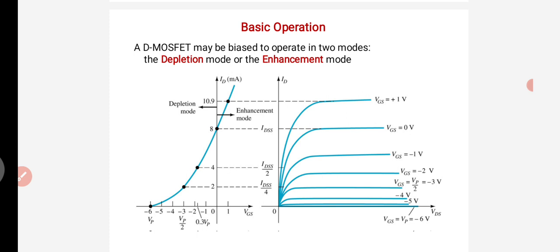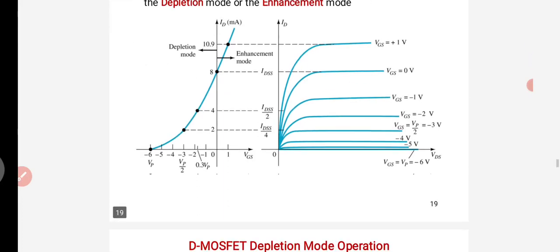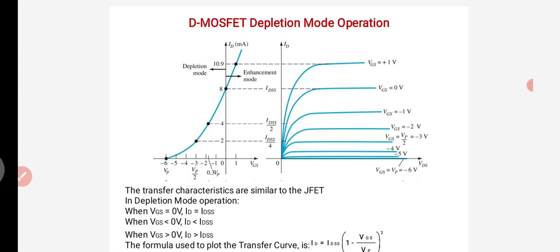Here a depletion mode MOSFET may be biased to operate in two modes. In the case of the depletion mode MOSFET, it will be operated in depletion mode or enhancement mode of operation. These are the characteristics of the depletion mode MOSFET. The transfer characteristics of this depletion mode MOSFET are similar to the JFET in depletion mode operation.